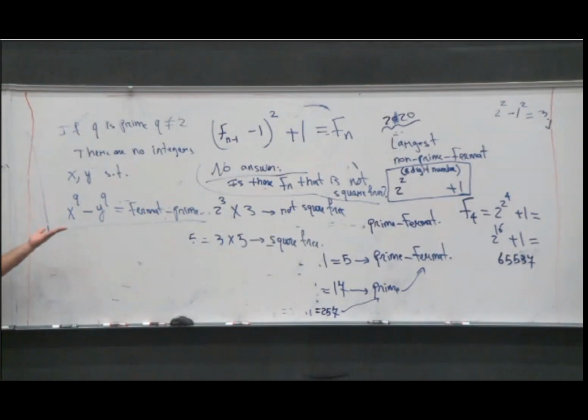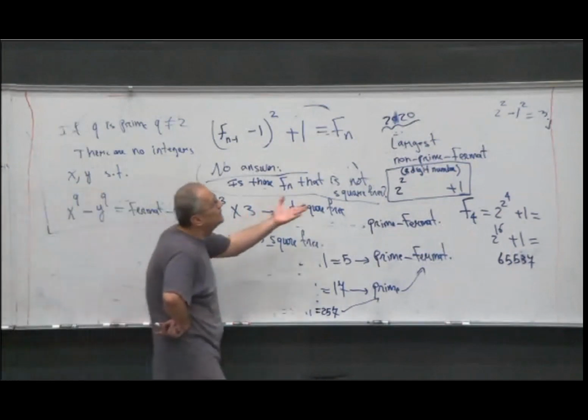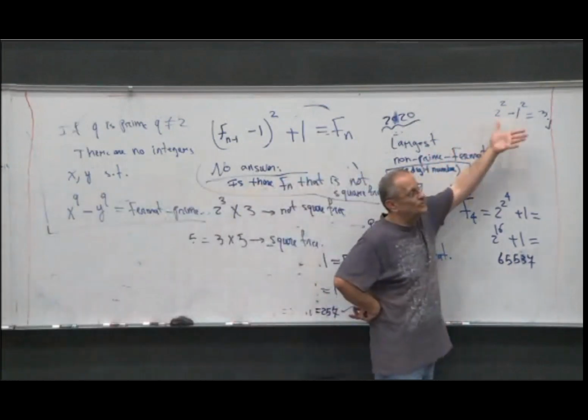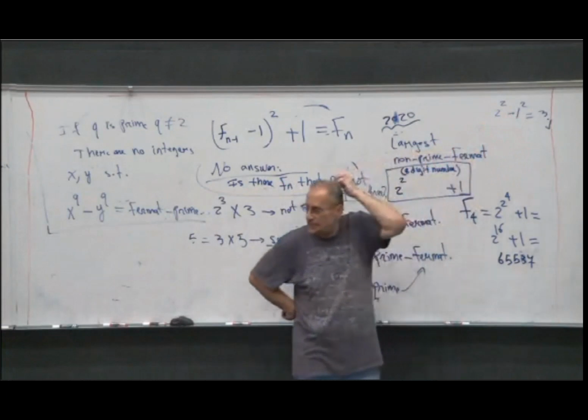Right? This is amazing. And that's what makes number 2 always kind of unique. And we know 2 is what? The only even prime. Also unique. And even with Fermat primes, 2 is kind of interesting.